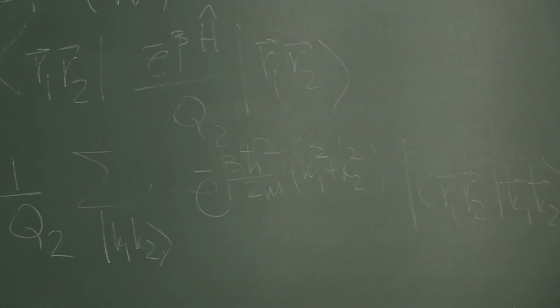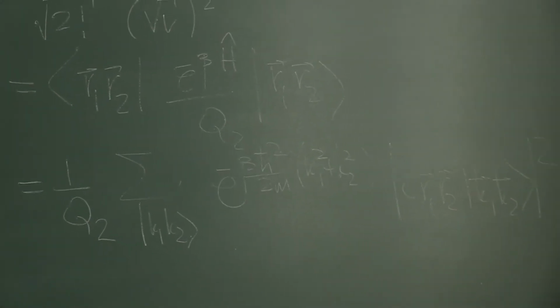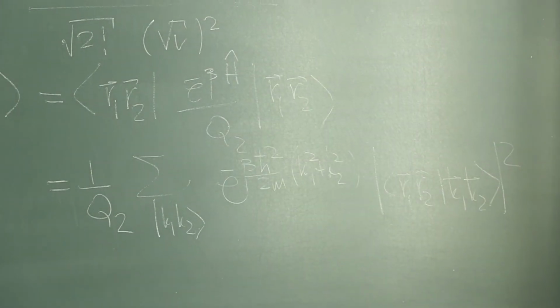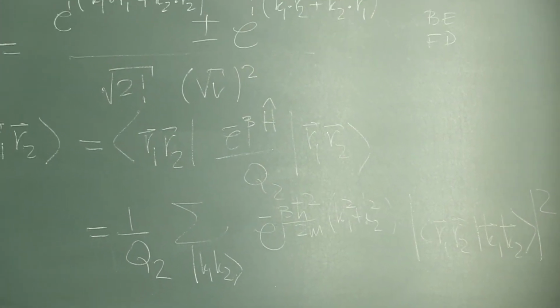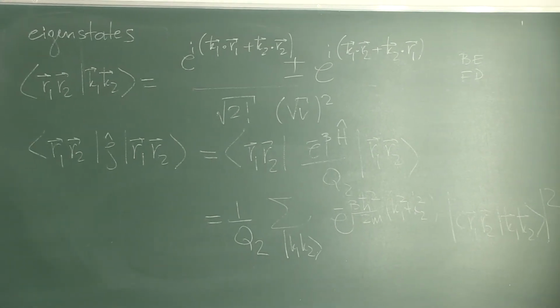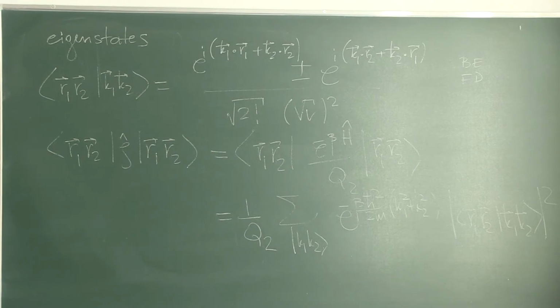What does that mean? This is the probability of finding one particle at R1, the second particle at R2. Okay? Classically, you don't have this term. You have 1 over V squared.